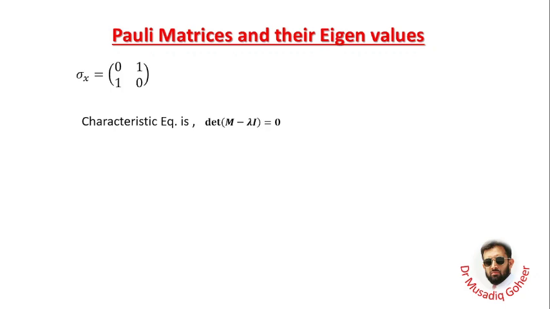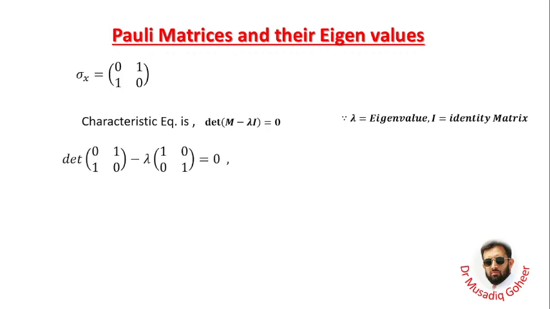For sigma x, here is the characteristic equation: determinant of M minus lambda I. M is any general name which is given to the Pauli matrix, here sigma x, and lambda is the set of eigenvalues, and I is the identity matrix which has the same dimensions as that of the Pauli matrix.